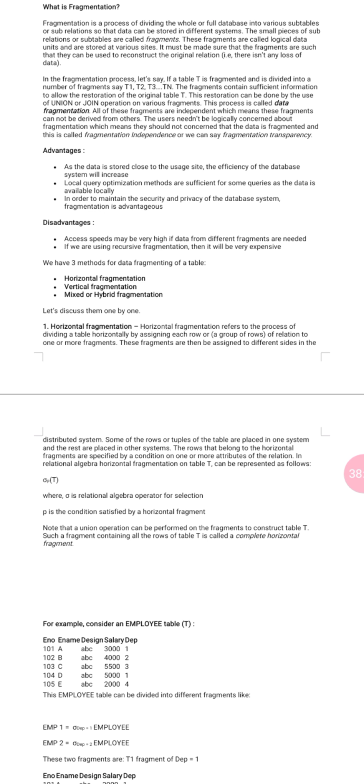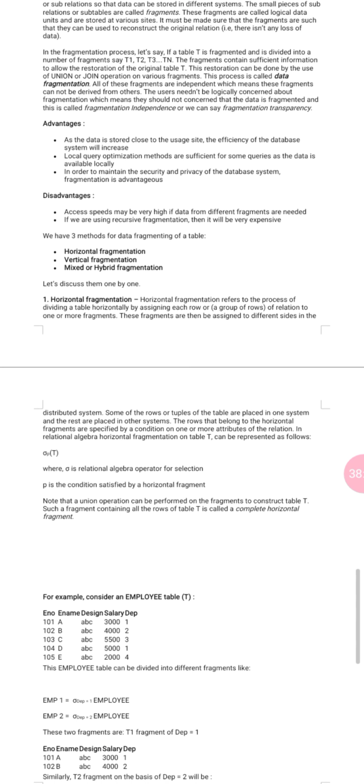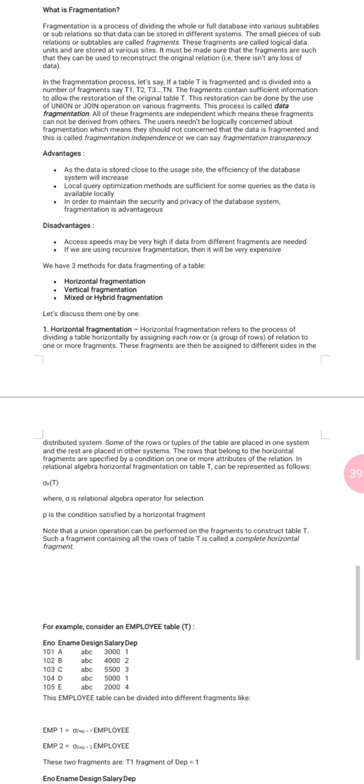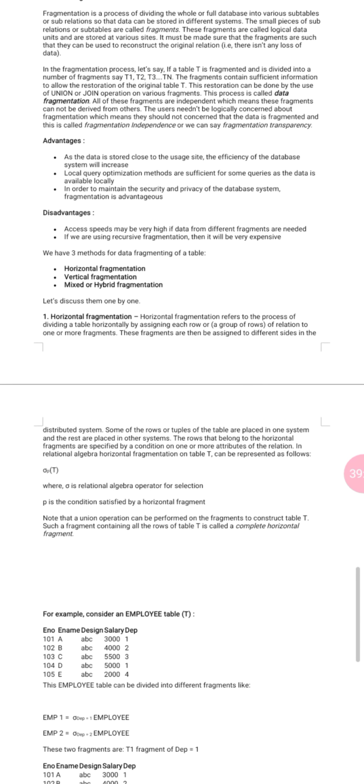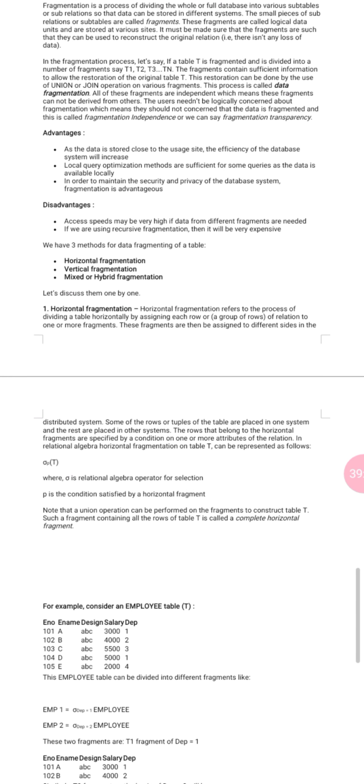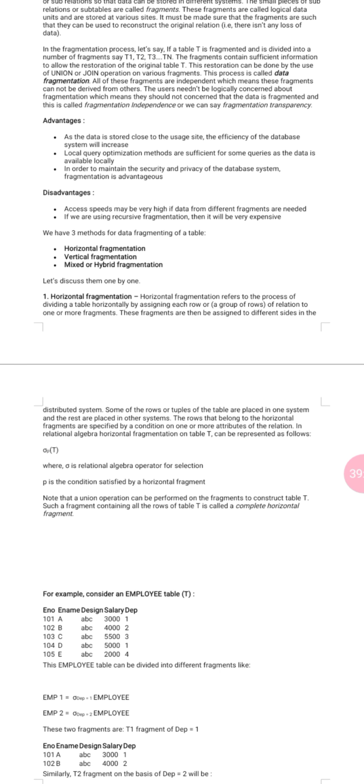It must be made sure that the fragments are such that they can be used to reconstruct the original relation. Clear? That is, there is no loss of data, right? For example, here is unit number 6, parallel database.